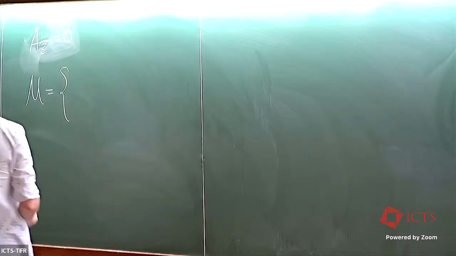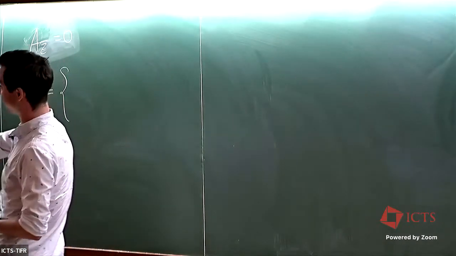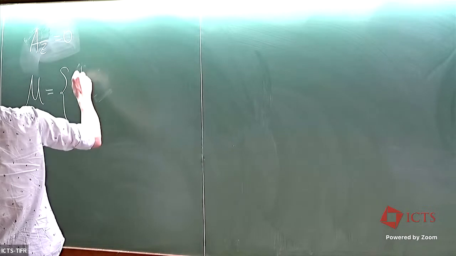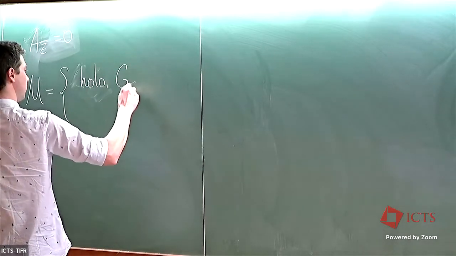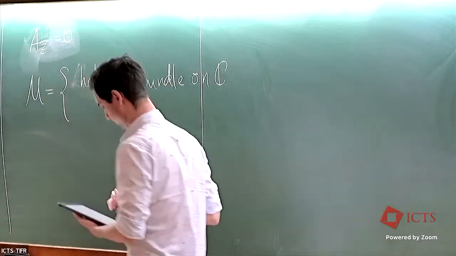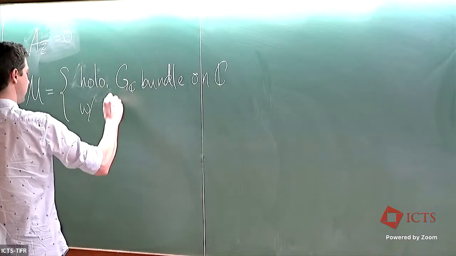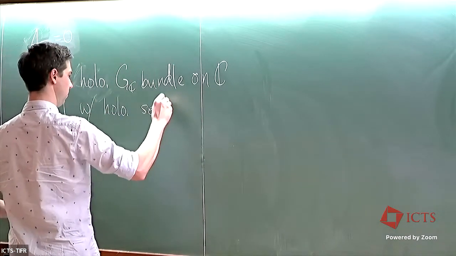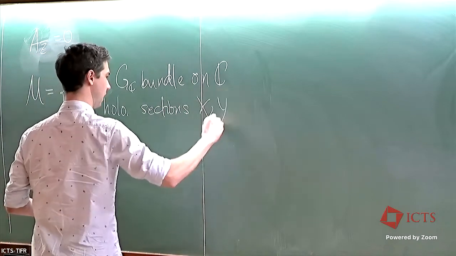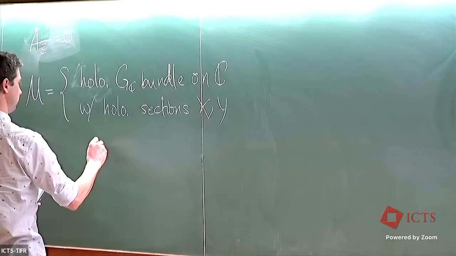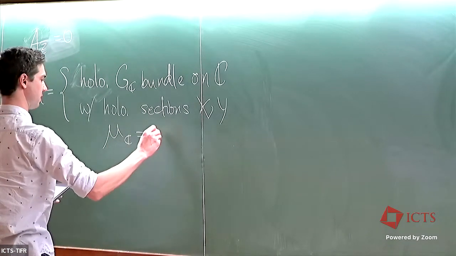And when we do this, that data can then be translated into the data of a holomorphic G_C bundle on C with holomorphic sections X and Y of an associated R plus R dual bundle that satisfy this complex moment map constraint.